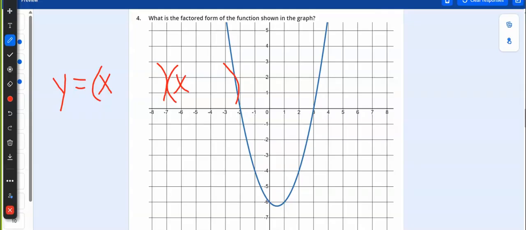Would it just be like x minus 2? Well, x minus 2 would go with that one right there. Oh, yeah. So x plus 2? That is true. X plus 2 does go with that one. And then x minus 3? Correct. X minus 3. That is the correct answer to this question.